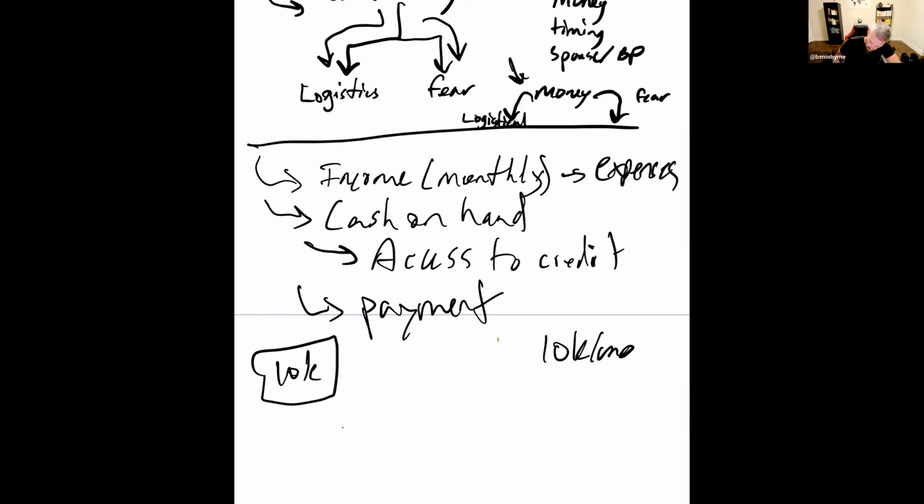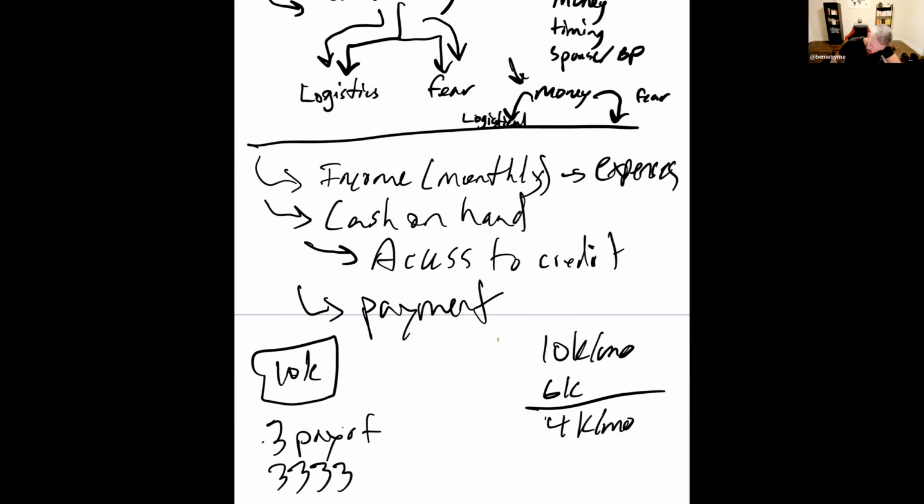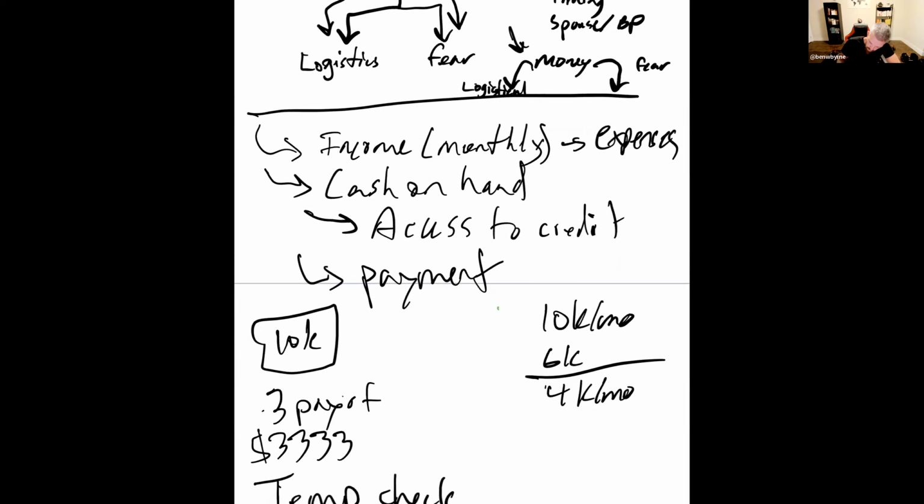They make 10K per month. Their bills are 6K. Okay, so that leaves how much for the folks at home? 4K per month. Your mind's already going to, well, I could do a 3 pay of 3,300. This is true. But we keep going.